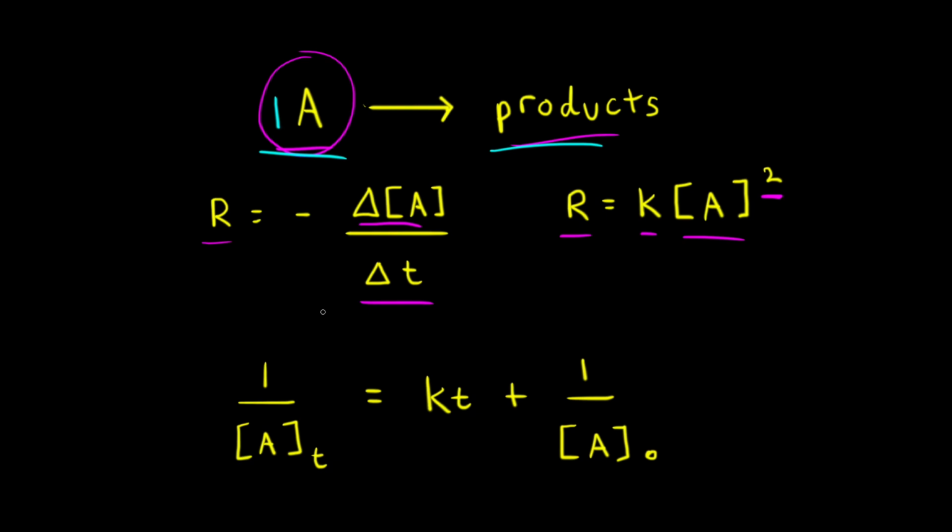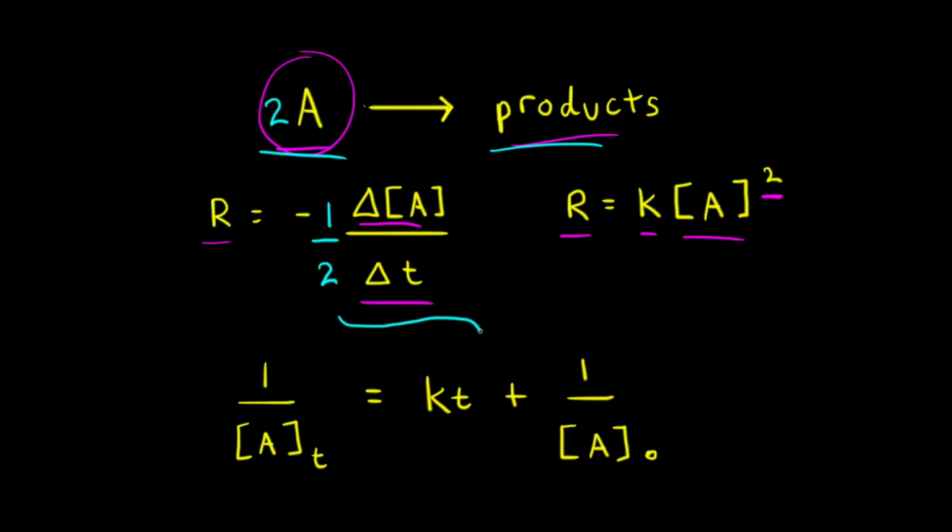And if there's a 1 as a coefficient in front of the A, we can use this form of the integrated rate law for a second order reaction. However, for our problem, we have a 2 as a coefficient in front of cyclopentadiene. And that means we need to have a stoichiometric coefficient of 1/2 in here, and that changes the math.